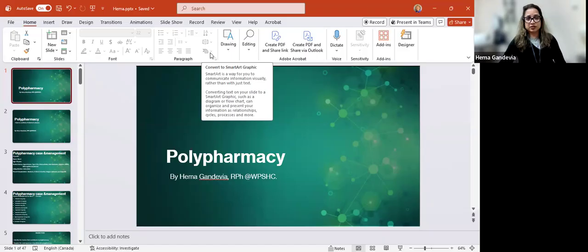To me, that's a huge red flag, because most of the patients who do have polypharmacy issues are not necessarily your young 20 or 30-year-old patients. They are seniors with multiple comorbidities, and they are definitely having issues because of polypharmacy.